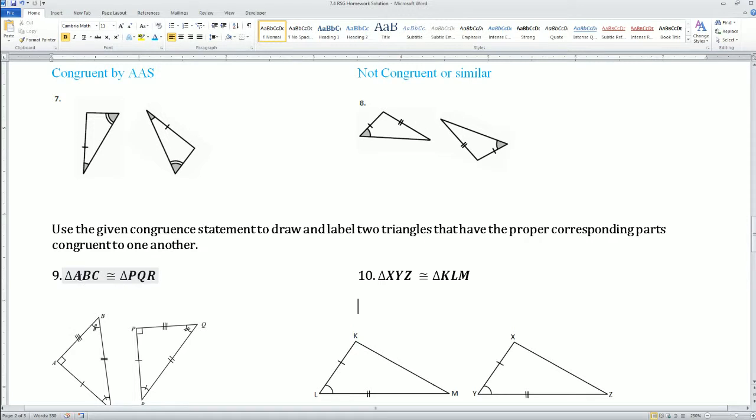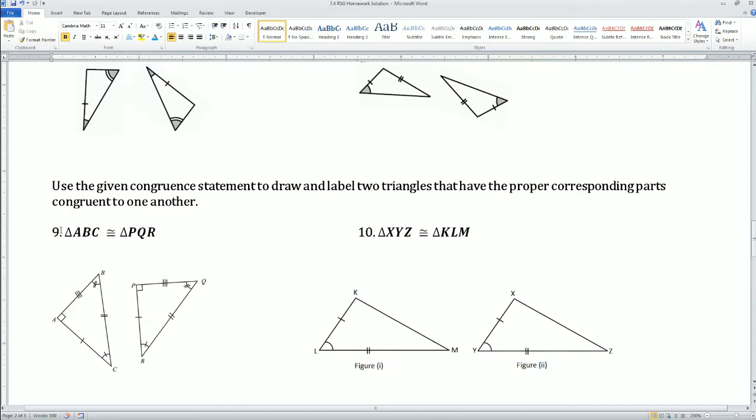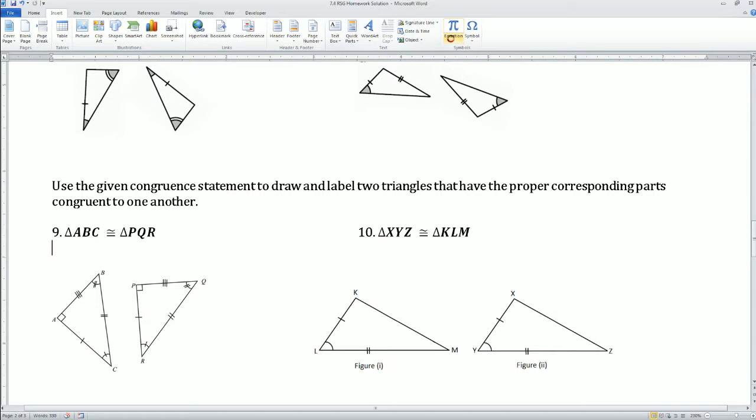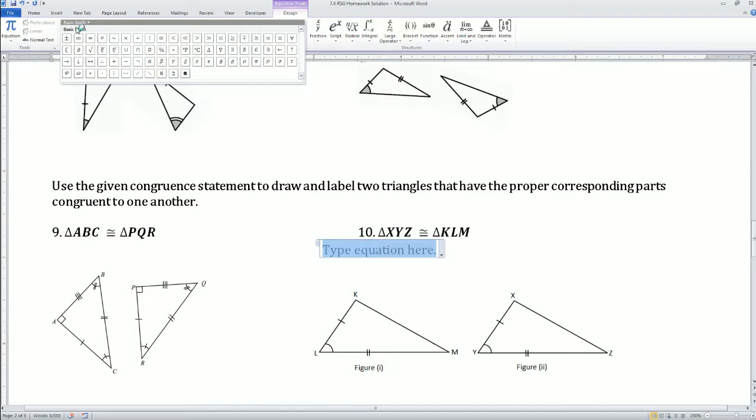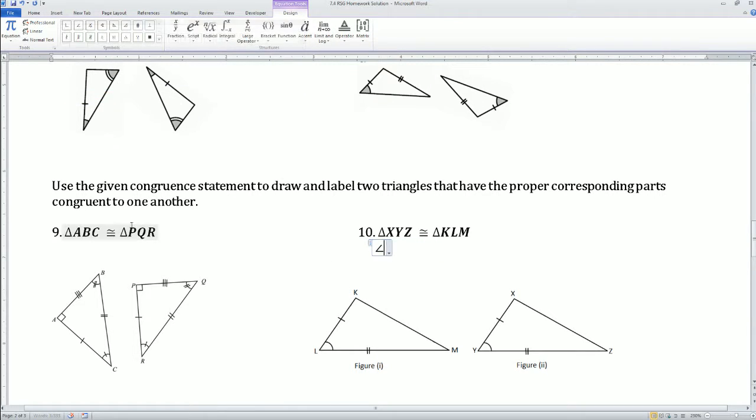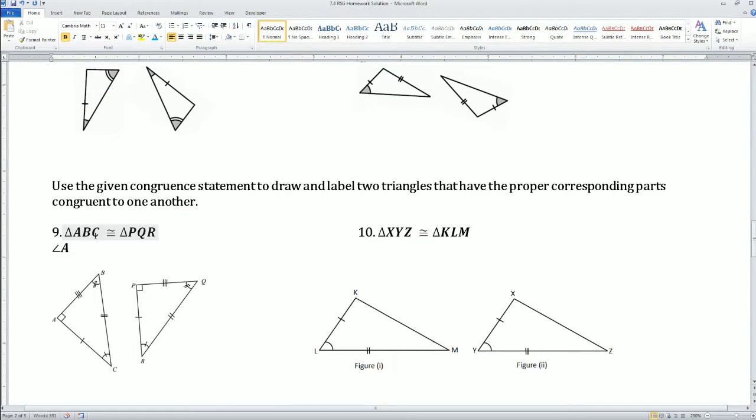So you can say right here that angle A, it's right here, has to be equal or congruent to what angle? Right here, P. Do you see that?